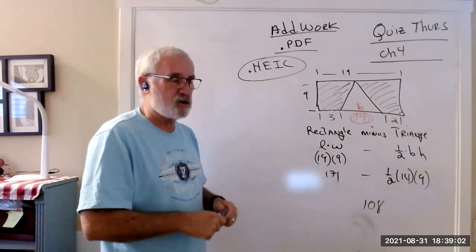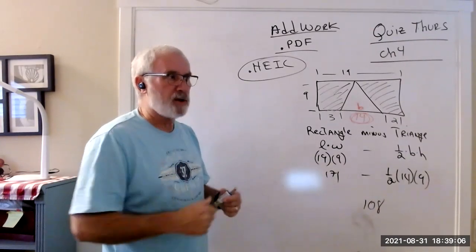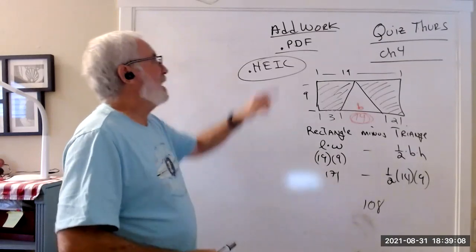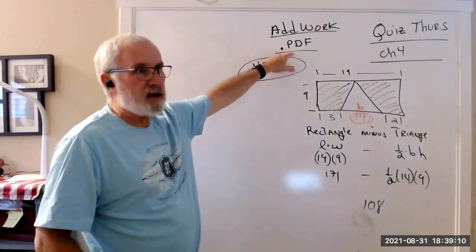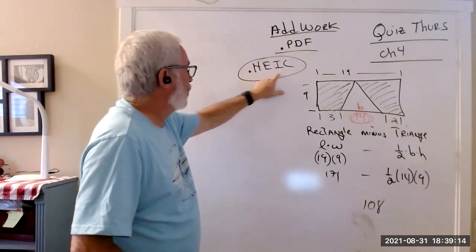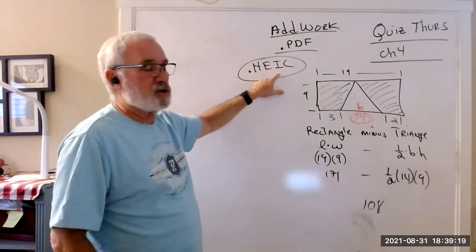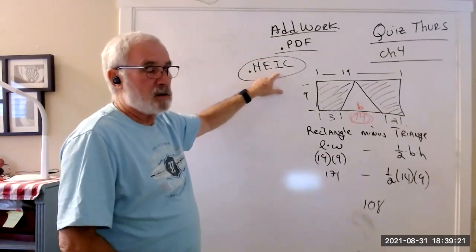That's one of the advantages of Canvas. I can write or mark up what you give me, but it has to be a PDF. Canvas will not read HEIC. It just says, I don't know what you are.